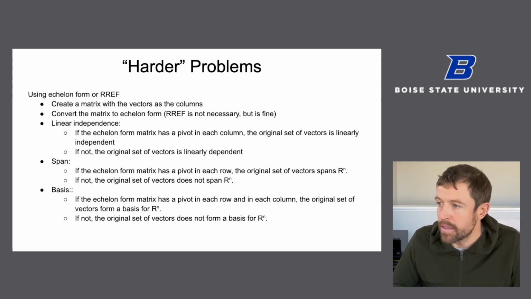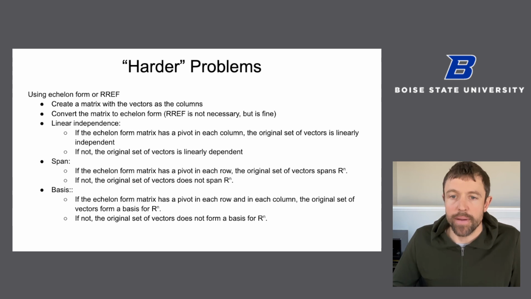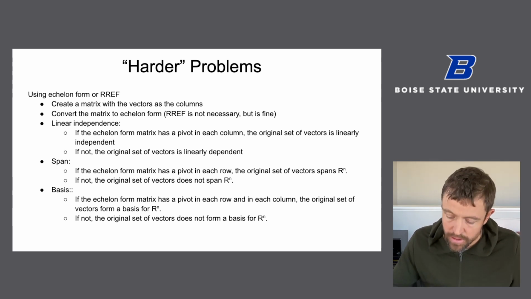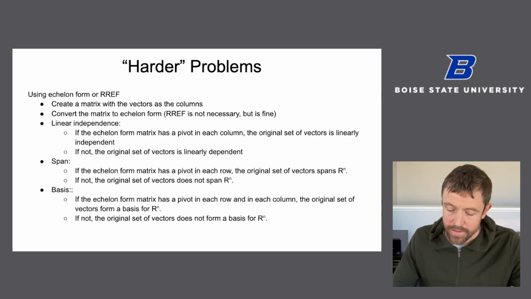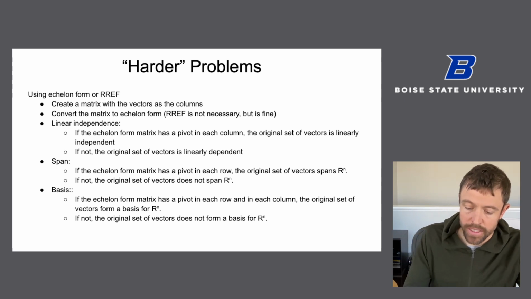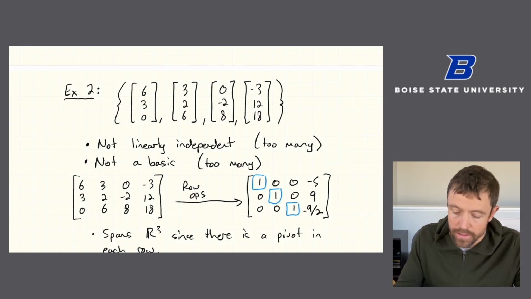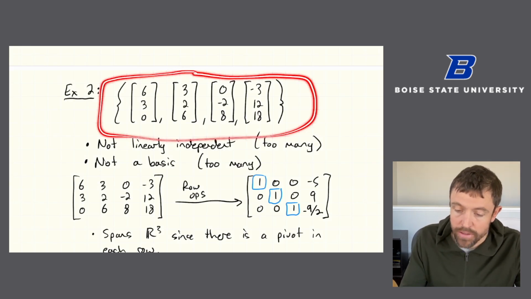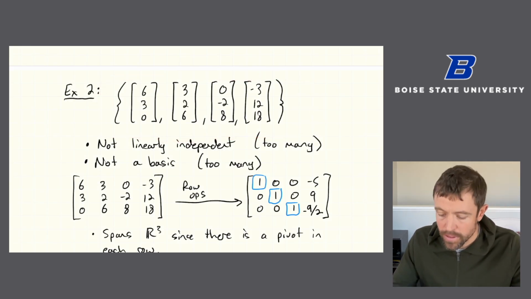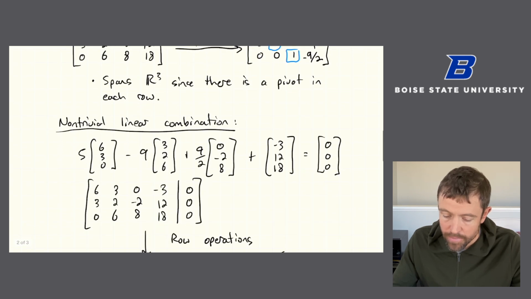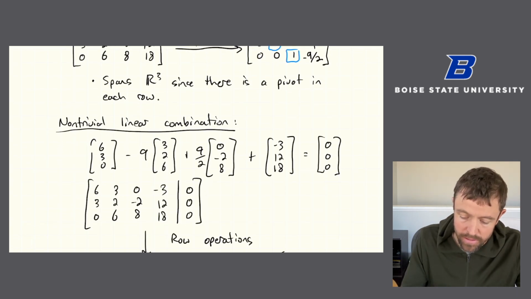Okay, so let's look at the linear independence situation, because we already kind of did this. If we're trying to figure out whether these vectors are linearly independent, I'm showing the wrong screen. Let's go back. Yeah. If we're trying to figure out whether these vectors are linearly independent, we set up an equation.